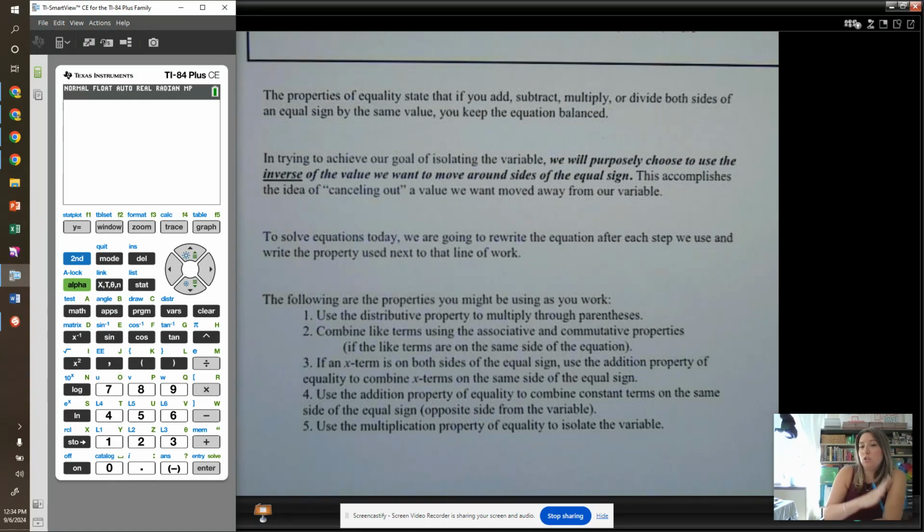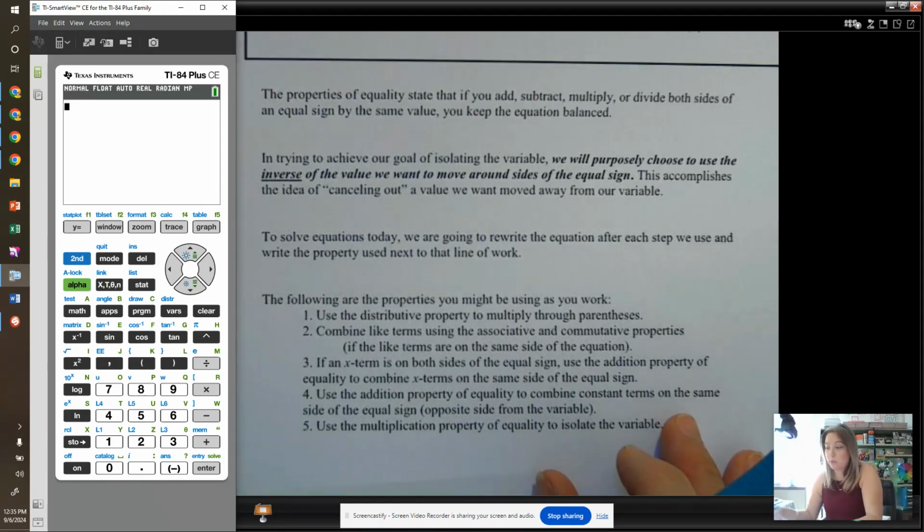We are using the addition property of equality as well as the additive inverse to move certain numbers from one side of the equal sign to the other. And finally, to isolate that variable, we use the multiplicative inverse as well as the multiplication property of equality. So the multiplicative inverse and the multiplication property of equality together is what finally gets that variable alone, one of that variable. Well, let's dive into examples.